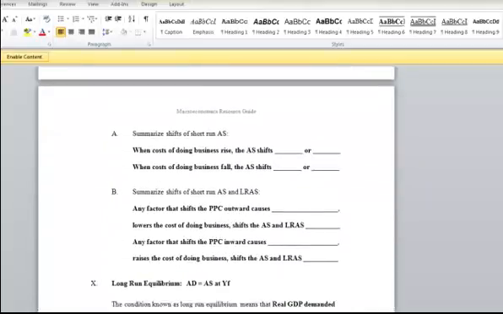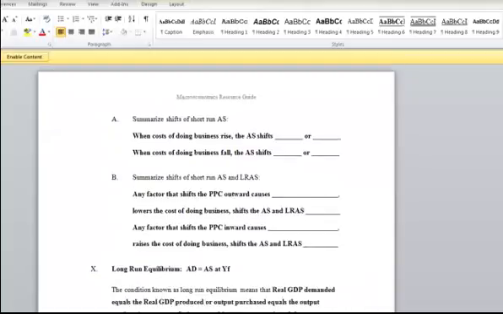All right, so to summarize it, when cost of doing business rises, the aggregate supply curve shifts left or decreases. When cost of doing business falls, the aggregate supply curve shifts right or increases. Any factor that shifts the PPC outward causes the long run aggregate supply curve and the short run aggregate supply curve to increase.